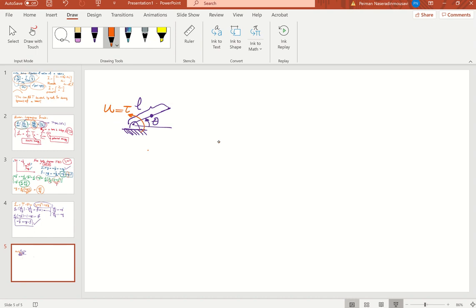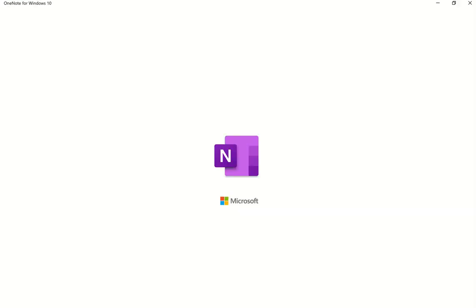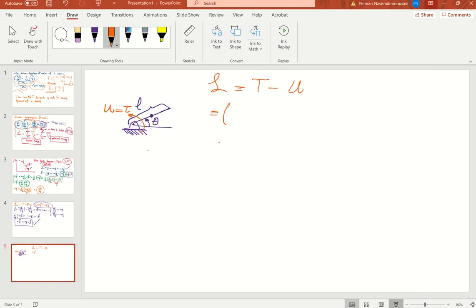So first of all, you have one link. So your L is T minus U. We know from dynamics that the kinetic energy for a solid object, not a particle, is for this link gonna be 1 over 2 m v of mass center squared with respect to the base coordinate system.